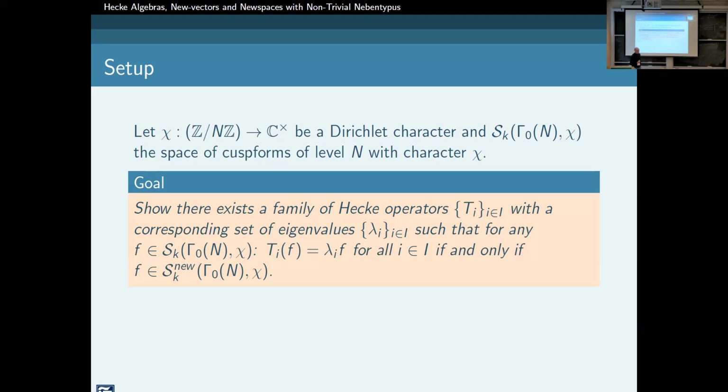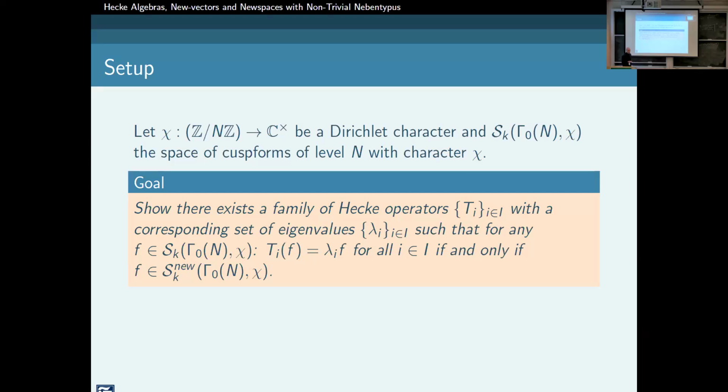So for us, the classical definition of the new space as the orthogonal to the old space with respect to the Petersson inner product is not sufficient. It's not exactly very descriptive. And this is why our goal is to be able to do this using operators that with the Shimura correspondence we can translate into the half-integral case.